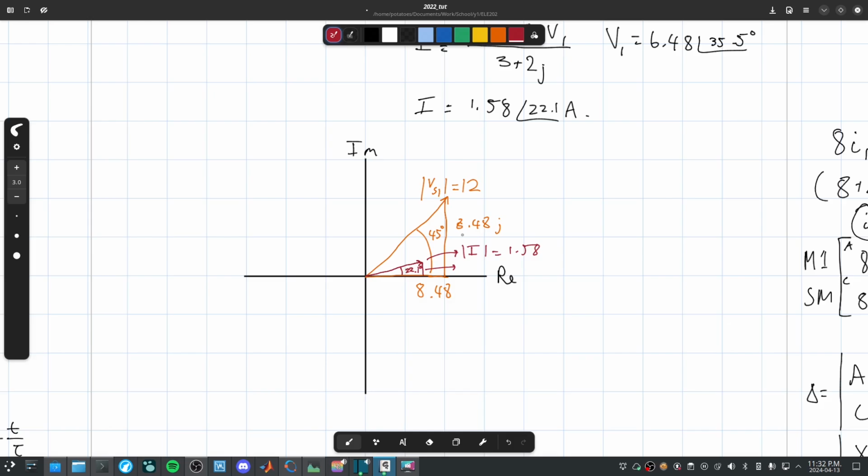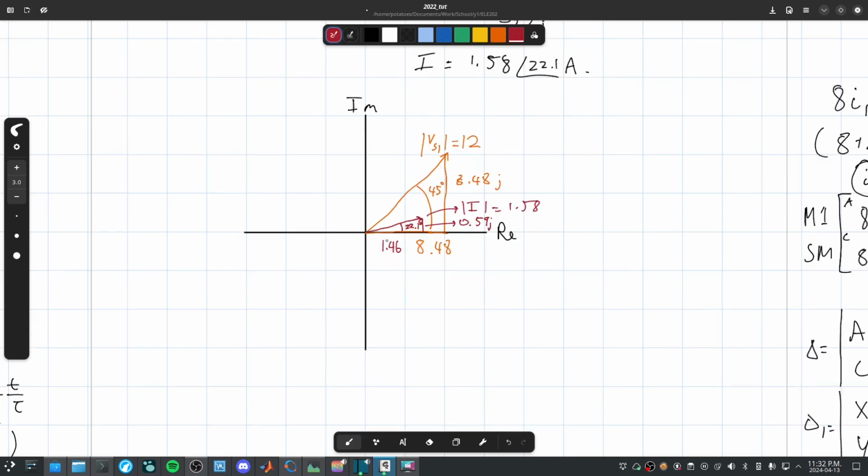I won't judge you. So 1.58 with a phasor of 22.1 degrees. Sorry, this here is 0.59 J. This here is 1.46. And so this is the phasor diagram.